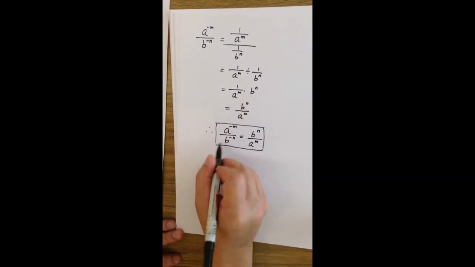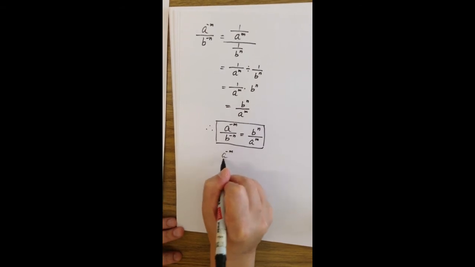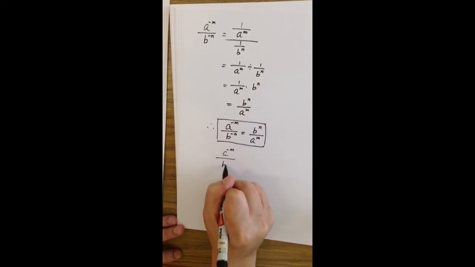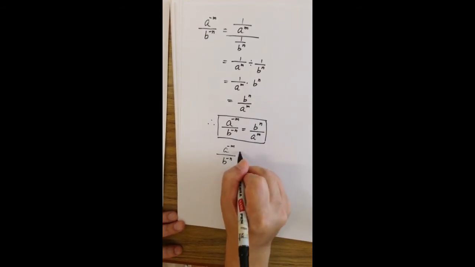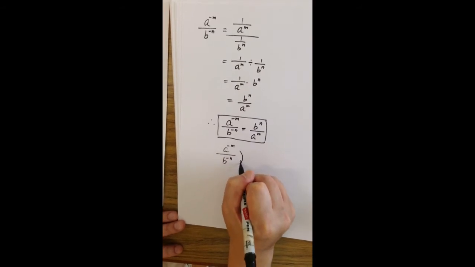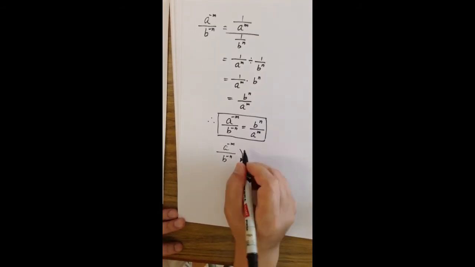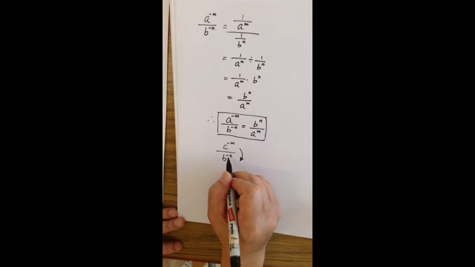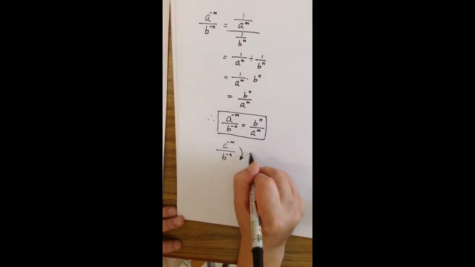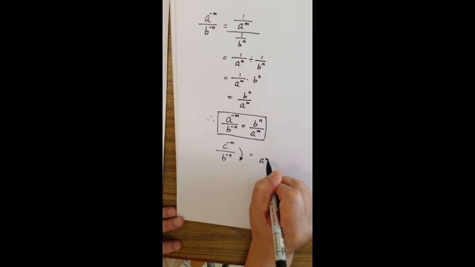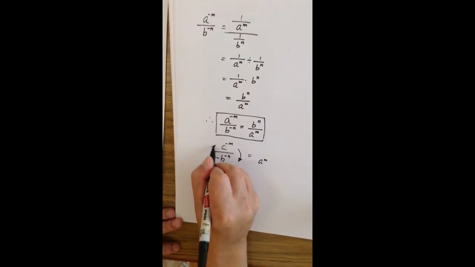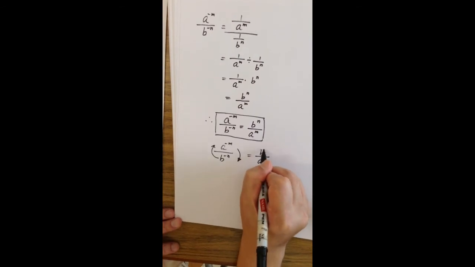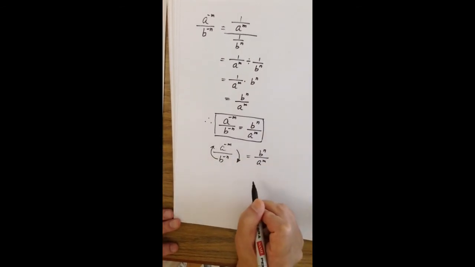If you move the letters a to the power negative m and b to the power negative n, we just take the numerator a to the power m and put it into the denominator. It becomes a to the power m. How about b to the power n? We put it back to the numerator, b to the power n. It is simpler for you.